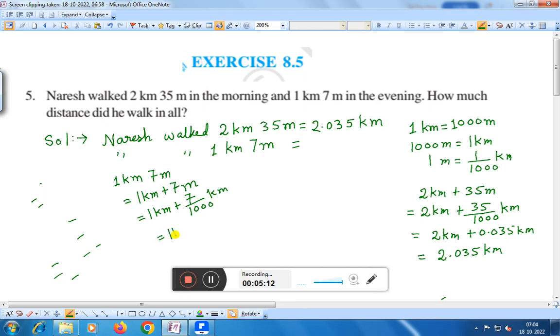Right? That is 1 kilometer plus 0.007 kilometer. If we add the numbers, we are getting 1.007 kilometer, right?